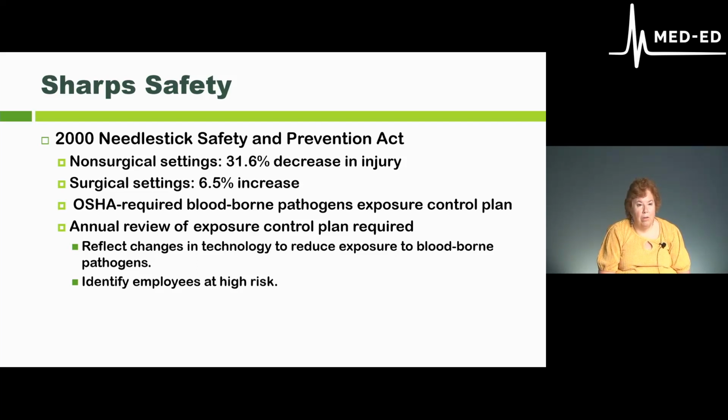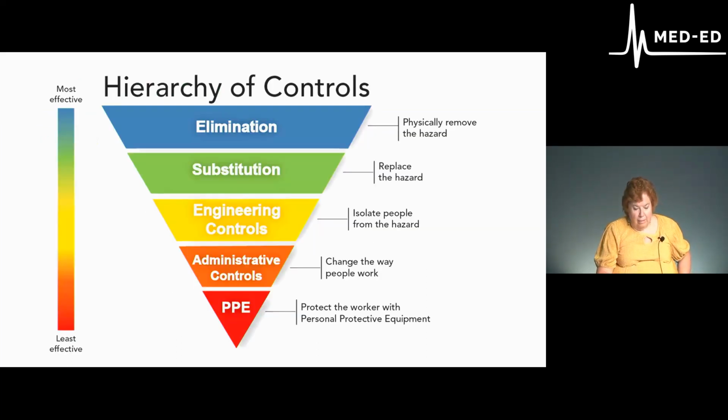OSHA requires an exposure control plan for patients who get exposed to bloodborne pathogens. There should be an annual review of that control plan so that the employees know how to keep themselves safe. One of the concepts that may come up on your exam is the hierarchy of controls.